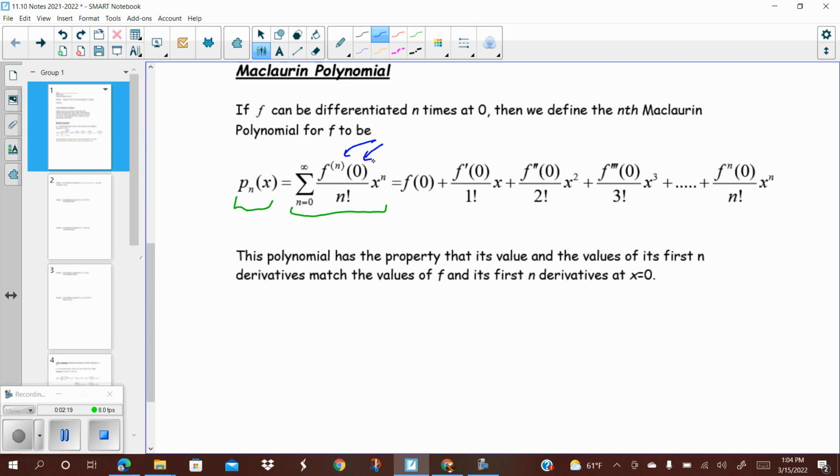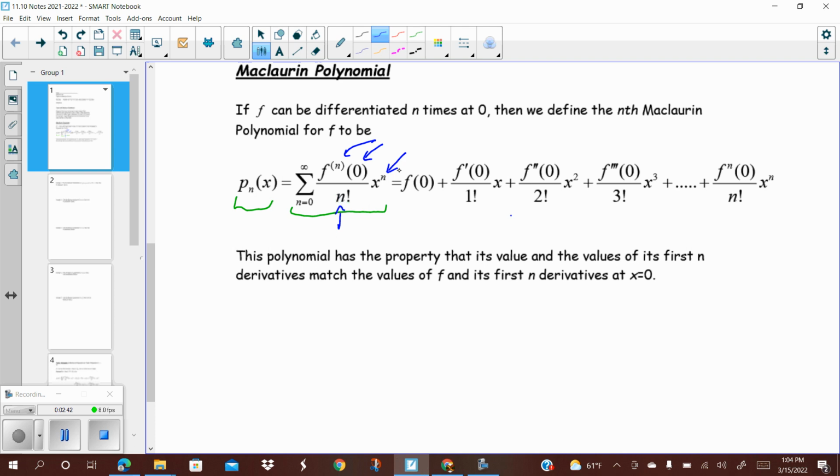So we're going to take a series that starts from n equals 0, where we find the nth derivative on top, divided by n factorial, multiplied by x to the n power. One of the things you should notice is that the derivative is n, the factorial is n, and that power is n. So all those values will be the same.